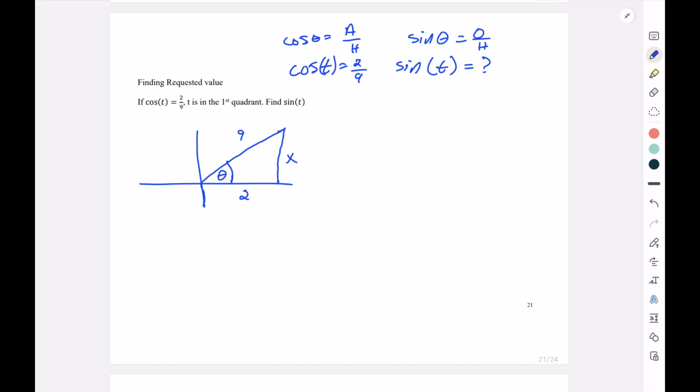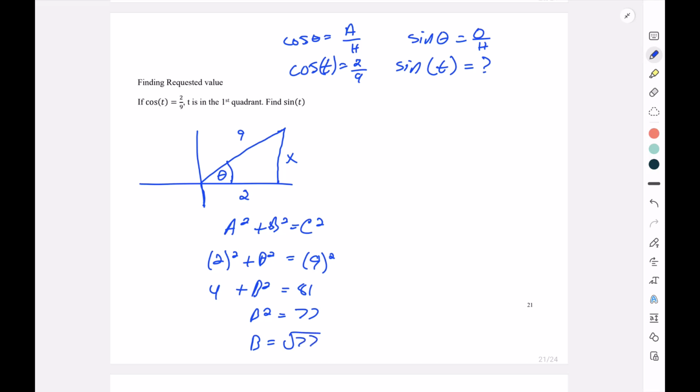We can use the Pythagorean theorem for a or b and set it equal to 9 squared. a squared plus b squared equals c squared, so we get 2 squared plus b squared equaling 9 squared. We get 4 plus b squared equaling 81. If we subtract 4, we get b squared is equal to 77, and we will find that b is equal to the square root of 77. So our x is equal to the square root of 77.